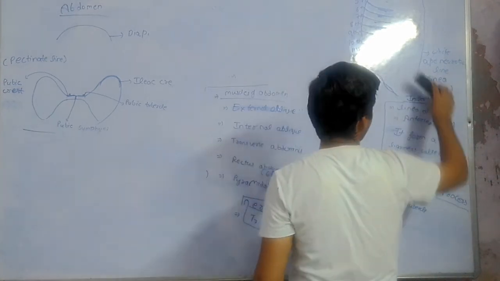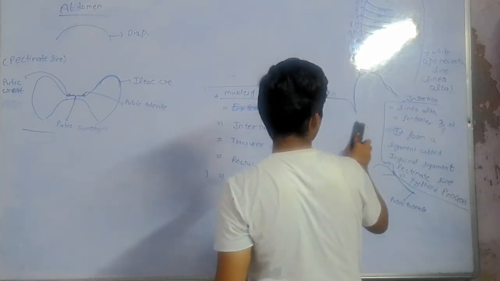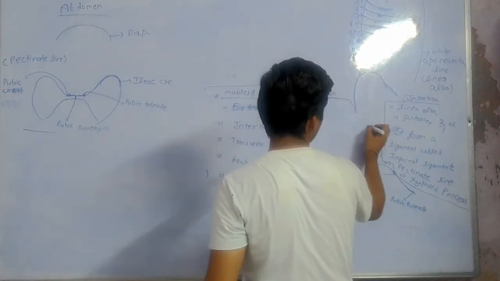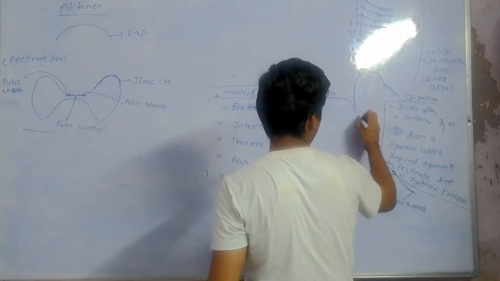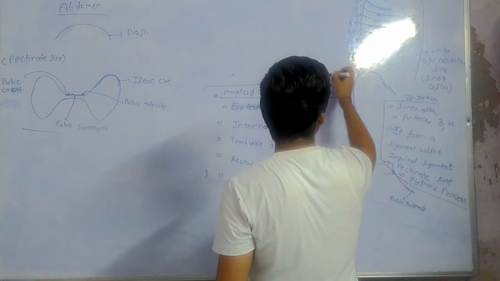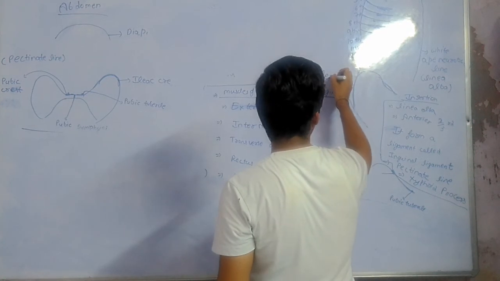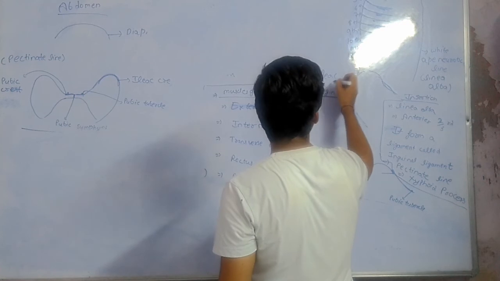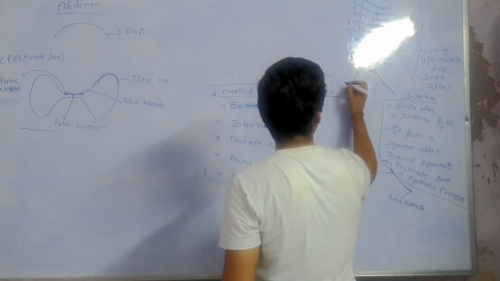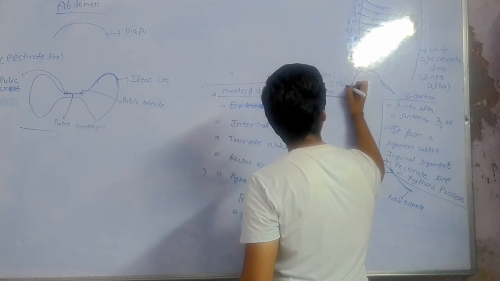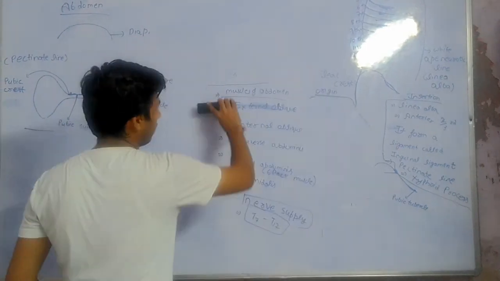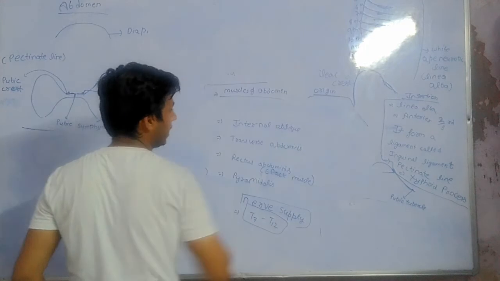Some things are the same, the iliac crest. So the next muscle is internal oblique.